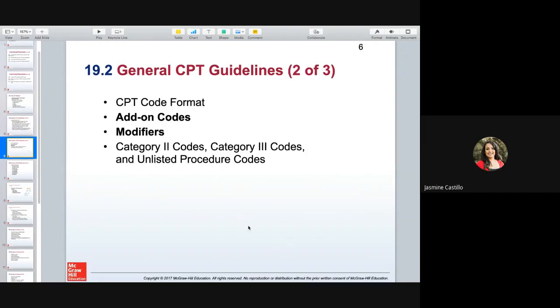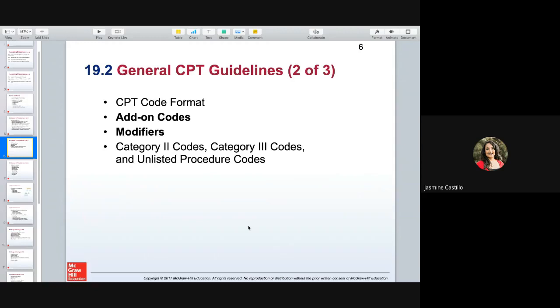Okay. So the CPT code format is always 5 digits unless there is a modifier that's added on to that or if there is an add-on code. But the add-on code is always going to be another full 5-digit numerical code. So add-on codes are codes that are used to describe procedures done in addition to the main procedure, and it's always going to have a plus sign in front of the code.